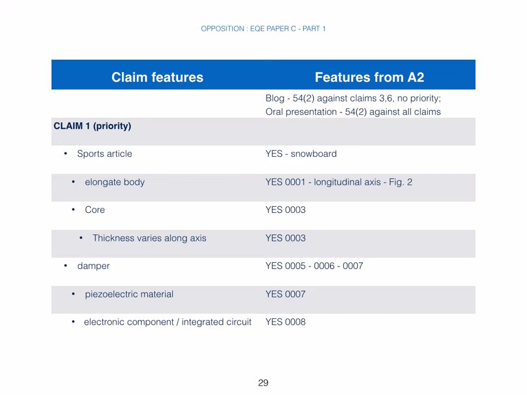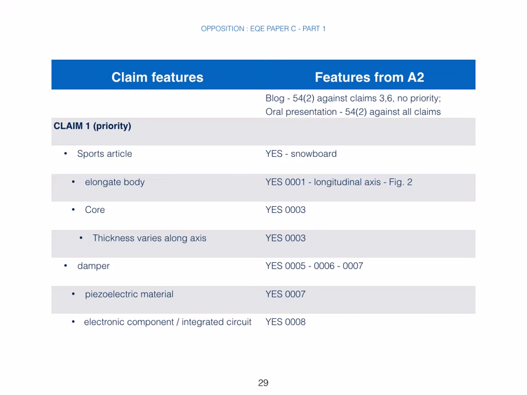Is it a sports article in A2? Yes, it's a snowboard. Does it have an elongate body? Yes, paragraph 1, longitudinal axis, figure 2. Does it have a core? Yes, paragraph 3. Does the core thickness vary along the axis? Yes, paragraph 3. Does it have a damper? Yes, paragraph 5, 6, and 7.